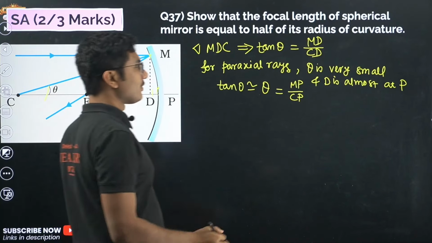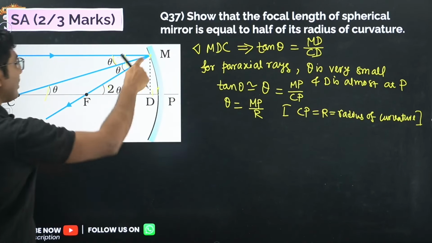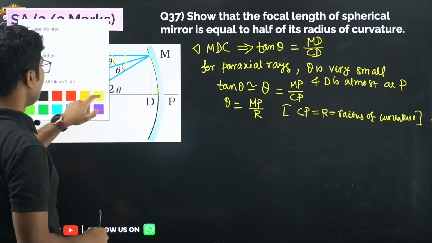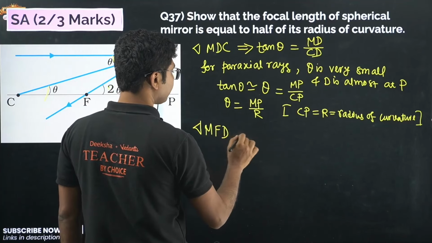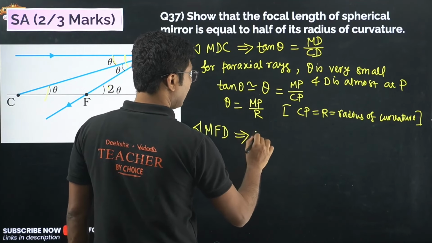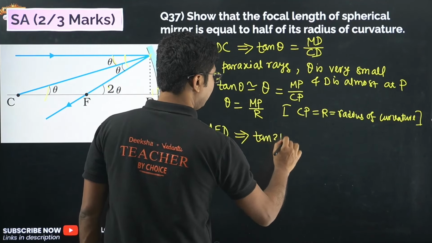Now next we will take another triangle. Which triangle will we take? We will take the triangle, obviously, MFD. From triangle MFD we can write tan 2 theta.